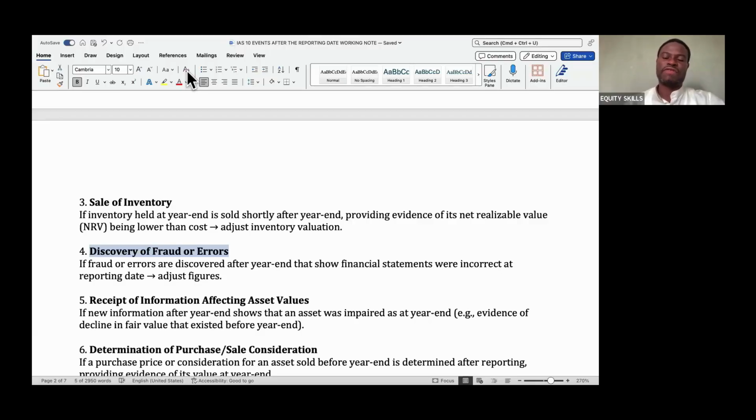But if it happens after the date the financial report is authorized for issue, then you cannot treat it in line with IAS 10 anymore. You take it away from IAS 10 and you go to IAS 8. IAS 8 deals with corrections of errors.